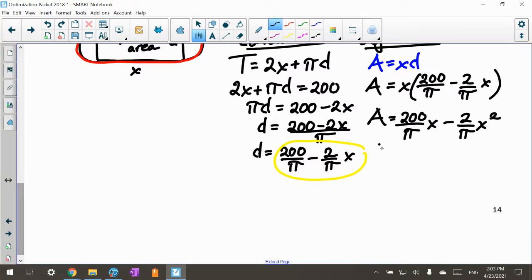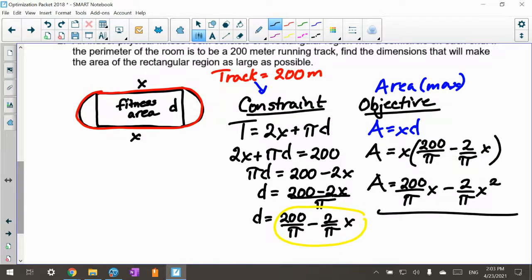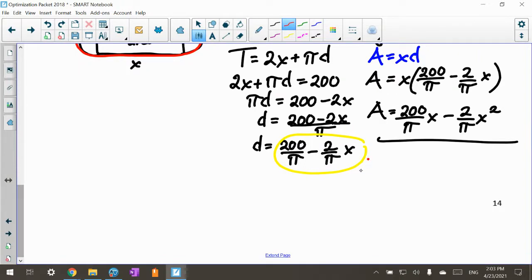Okay, here's where I stop, because now I know in order for me to find the max area, I have to do my, ready? F prime of x has to equal 0, so I'm going to do A prime here. So if I do the derivative of this, this is to the first power, so that's just going to be 200 over pi minus 4 over pi x, put that equal to 0.